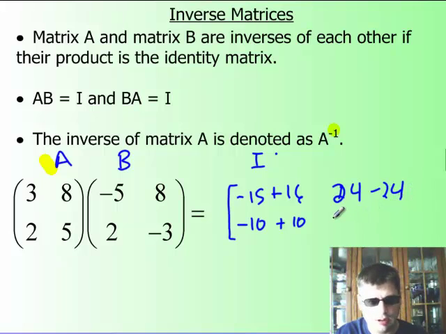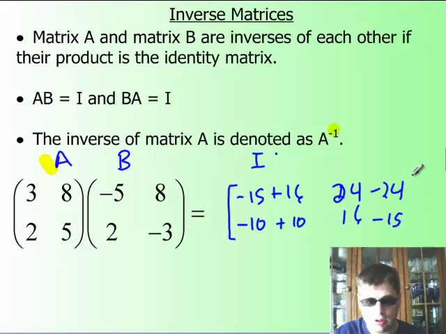Then we're going to do, let's see where, now we're going to do 2 times 8, which is 16, and 5 times negative 3, which is negative 15.